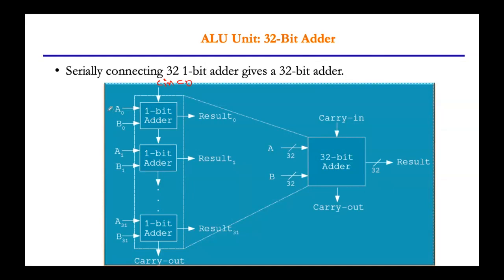When A and B are added, if the result is non-zero, you will get the carry out. That carry out will be converted as an input to the next adder. So from every 1-bit adder, carry out is given as an input to the next 1-bit adder. This continues until the most significant 1-bit adder adds the result and gives the total result as your 32-bit result.